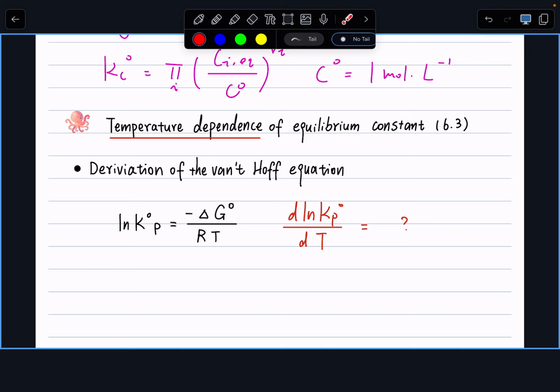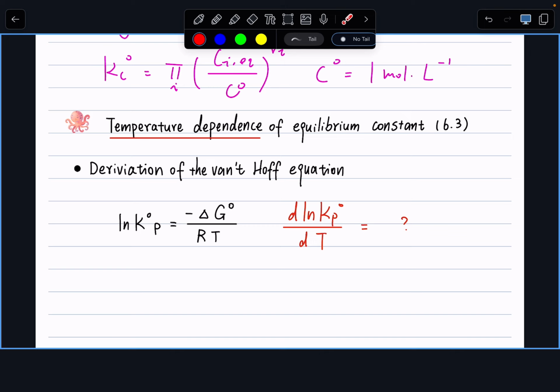All right. So in this case, what are we looking for? First things first, we want to start from where we know and construct what we're looking for. What's the best way to do it? Take the differential over T on both sides of that equation. So we end up getting d log Kp naught over dT equals d over dT of, on the right-hand side, negative delta G naught over RT.